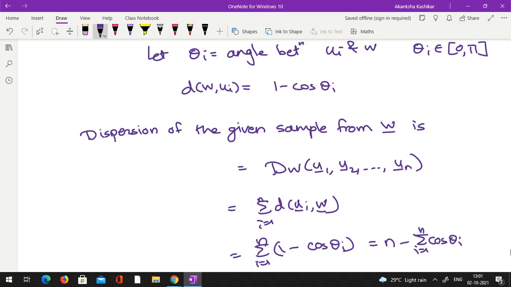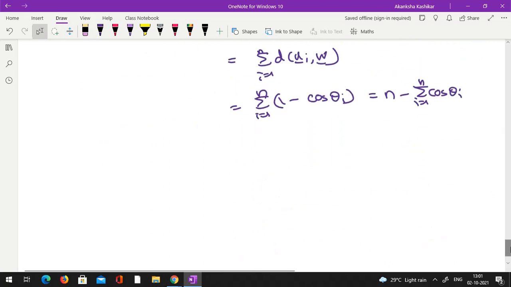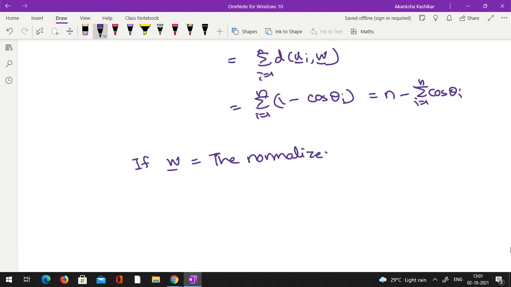In general, dispersion from any vector would be defined as this, and we can show that if we take W to be the mean vector that we defined earlier, the normalized resultant vector, that is the circular mean, then this dispersion is minimized.